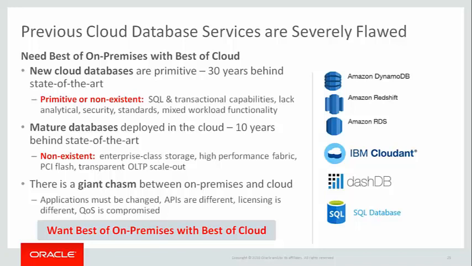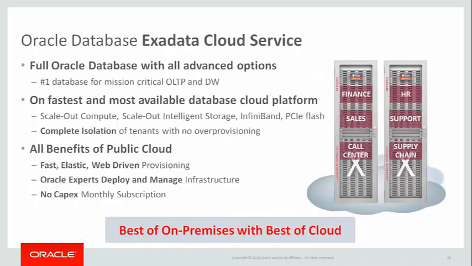So what we really need is the best of on-prem with the best of cloud, and that's what Oracle Exadata Cloud Service offers. Oracle Exadata Database Cloud Service offers the full Oracle database with all of the advanced options.